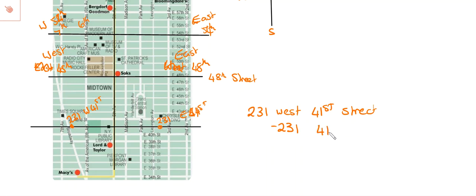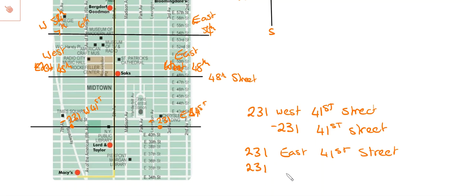Yeah. And I don't need the west, right? What would 231 East 41st Street be? Well, if this was the negative, what would this one be? Oh, so could we just write that as 231 41st Street? Does that make sense?